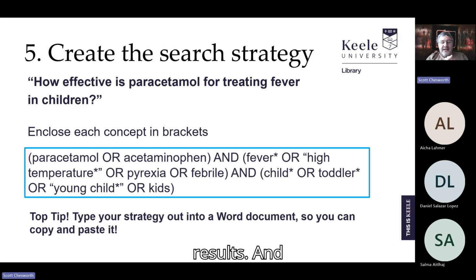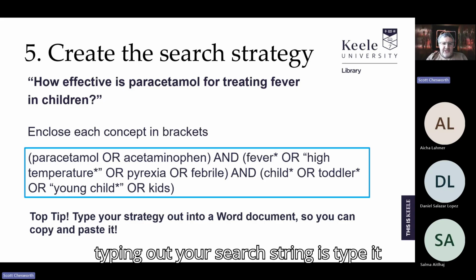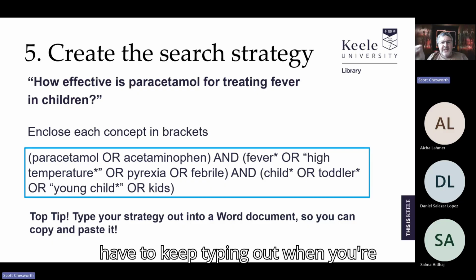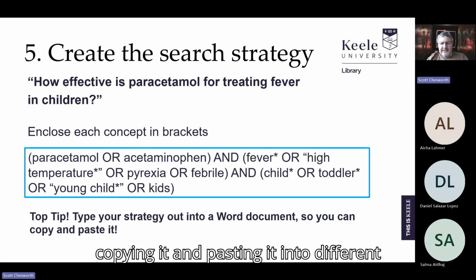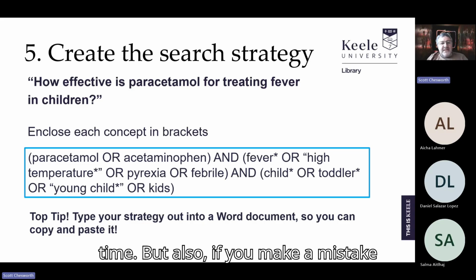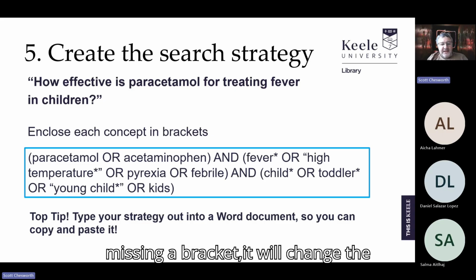And my suggestion for you when you're typing out your search string is to type it into a Word document, because then you can just copy and paste it. You don't have to keep typing it out when you're pasting it into different databases. It'll save you a lot of time. But also, if you make a mistake, such as missing a punctuation symbol or a bracket, it will change the results.